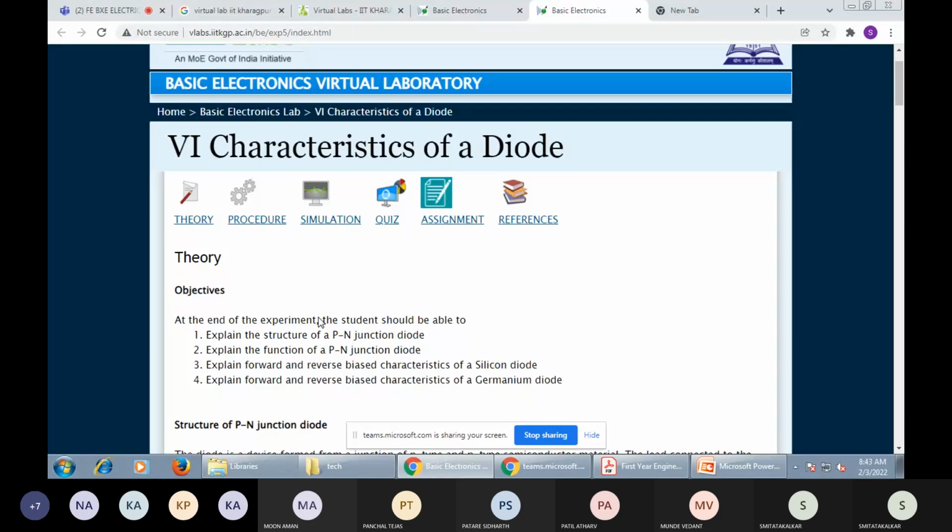The link is Virtual Lab IIT Kharagpur. Open this link, click on the basic electronics lab, choose the experiments, and open VI characteristics of the diode.